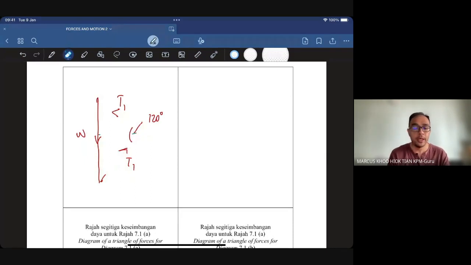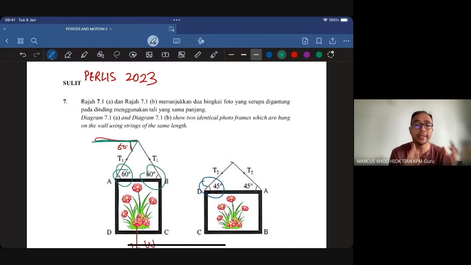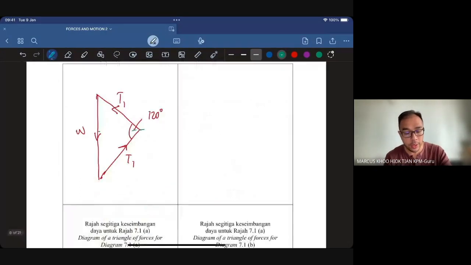Astaga. Okay, just remember that the angle between the two T forces is the sum of both 60 and 60. Okay, the angle between the two is 60 and 60. Okay, so and because of this, ini akan menjadi, kalau sini 120, ini dua mesti sama lah. Okay, 180, this will be 30, and this one will also be 30.